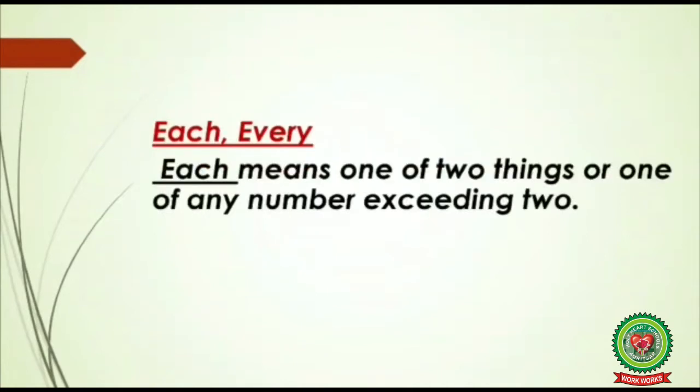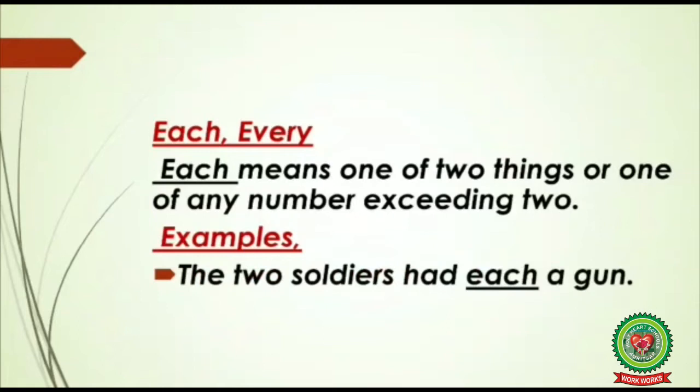Let's understand how to use each and every. Students, each means one of two things or one of any number exceeding 2. Let's take up some examples. The two soldiers had each a gun.